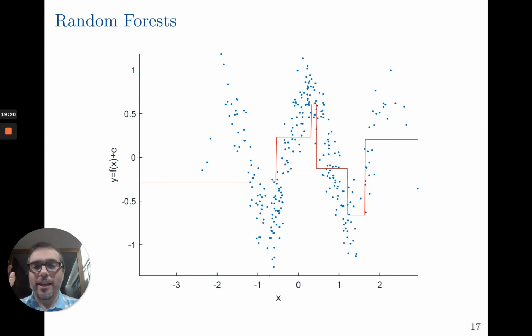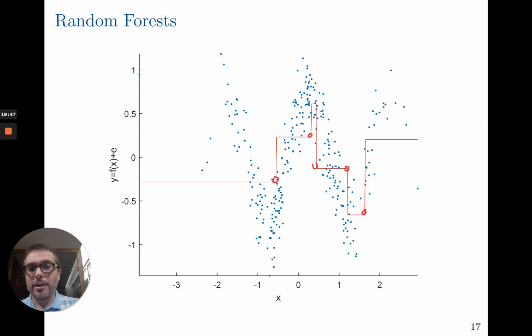I decide that I have 1, 2, 3, 4, 5 splits in a tree, and I randomly fit that. And I get this red line. The fit is really poor, right? I think you all agree with me that it's just a horrible model.